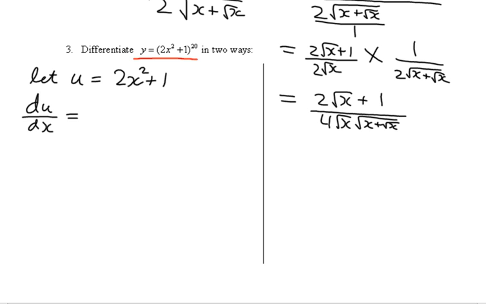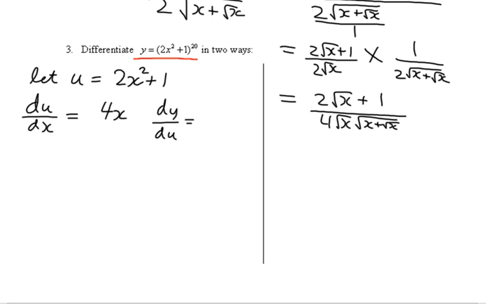And then, in preparation for writing the Leibniz formula, we will write our du dx. Our du dx is simply 4x. Just take the derivative of that guy. And next door, we'll write our dy du.